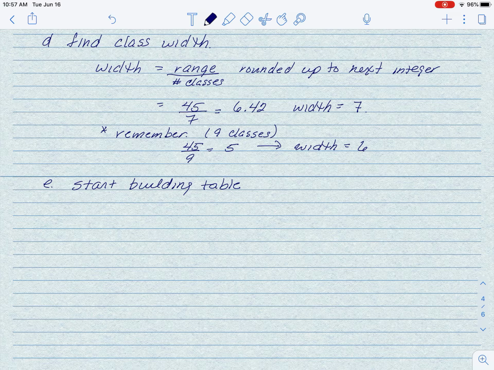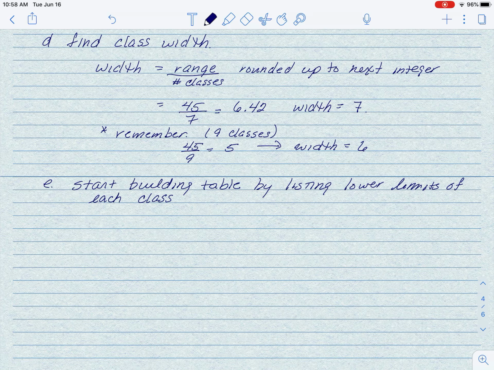The way we build the table is we first put the lower limits of each class, and then we put the upper limits. So start building the table by listing lower limits of each class.